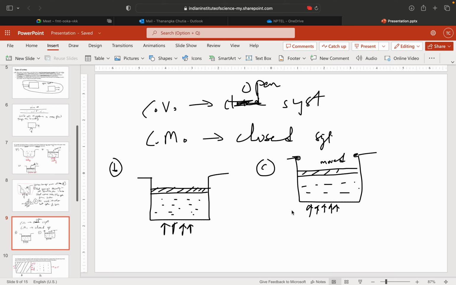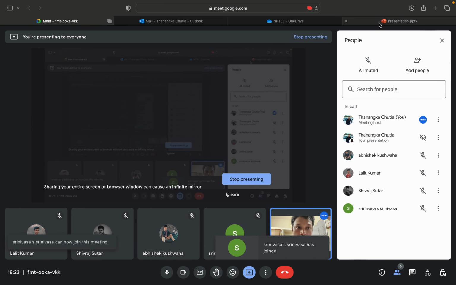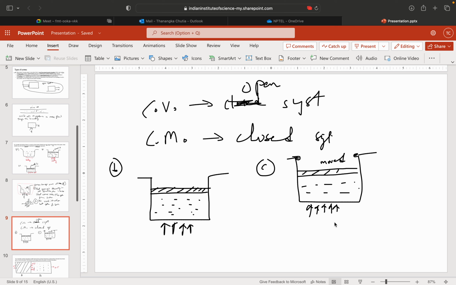Now what type of system is it? Is it a closed system or an open system? That is the very first question that should come to your mind. First of all, there is no mass transfer taking place between the system and the surroundings, so this is always a closed system. Next, since this is a closed system, we can apply the control mass approach.